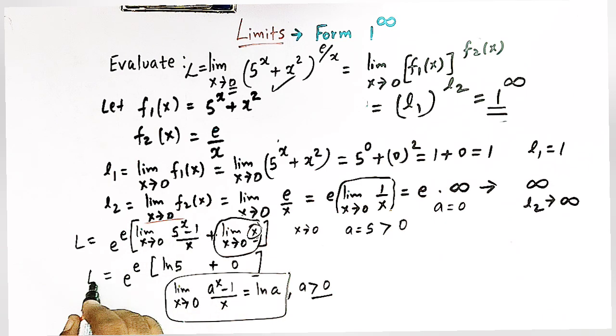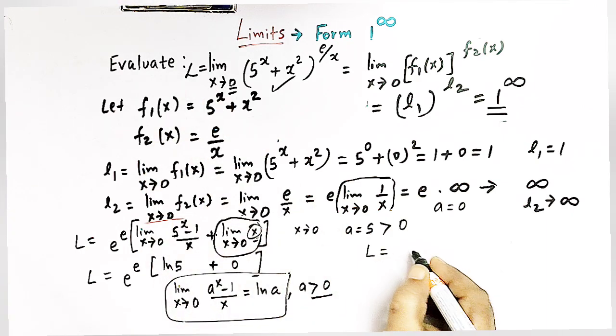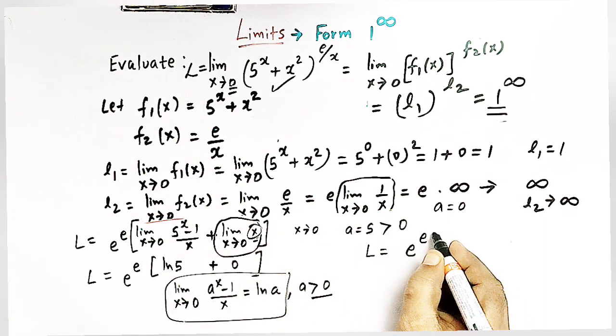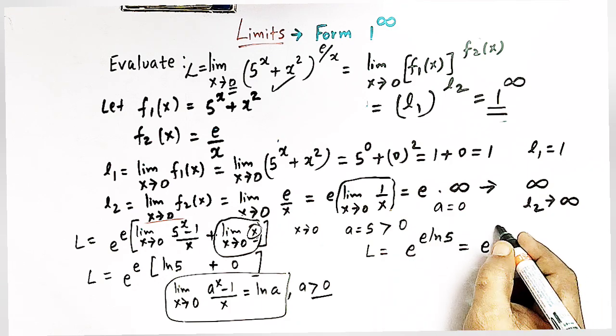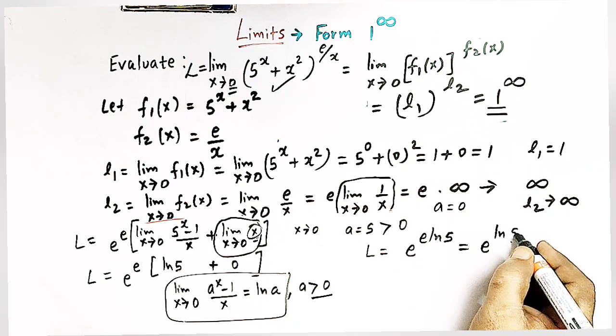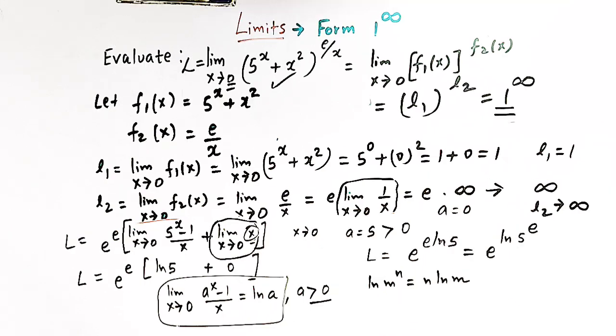So now the value of this limit is now equal to e raised to e times natural log of 5, which can be written as e raised to natural log of 5 raised to e. So here we have used the properties of log, that is log of m raised to n is equal to n times natural log of m.